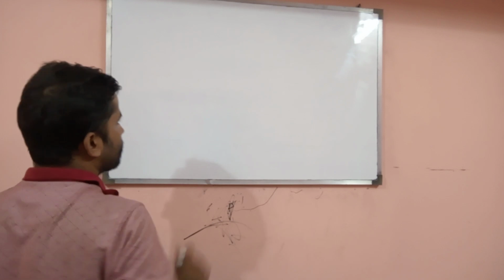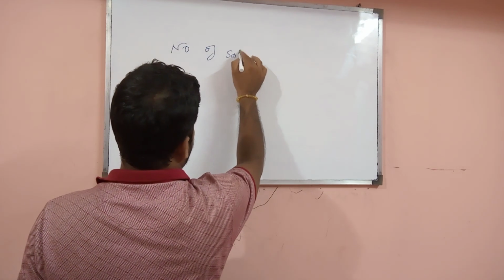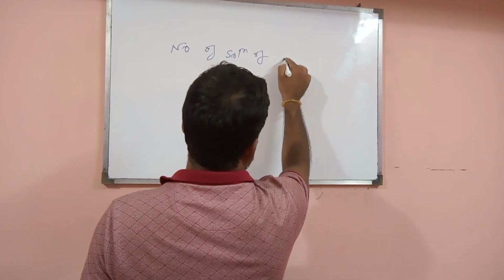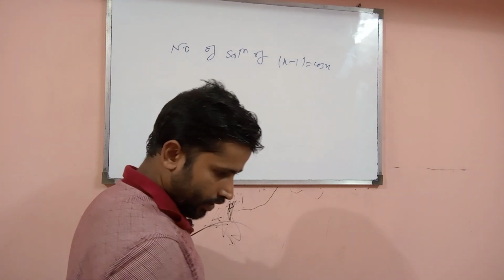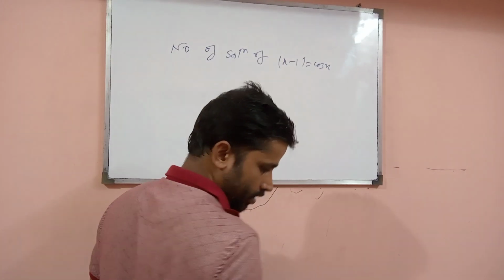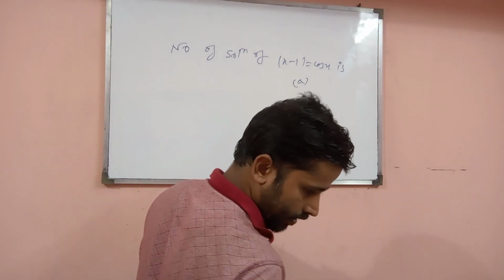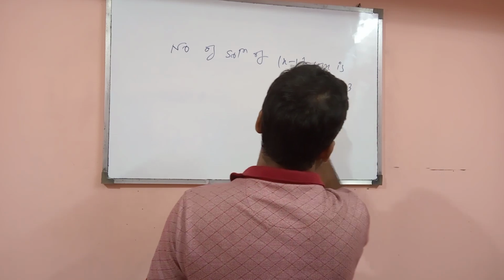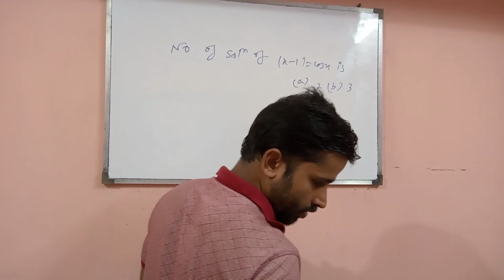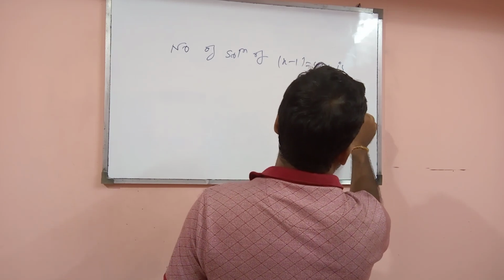Number of solutions of mod x minus 1 is equal to cos x. Option A 2, option B 3, option C 4, and D is none of these.